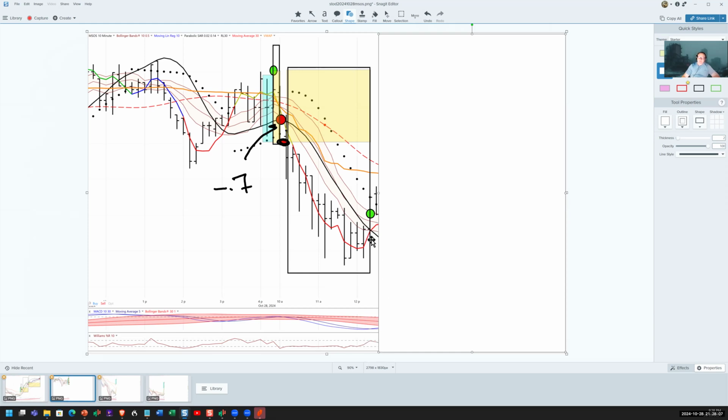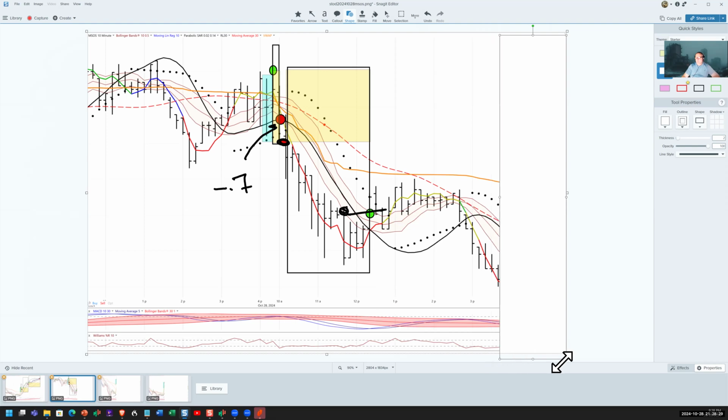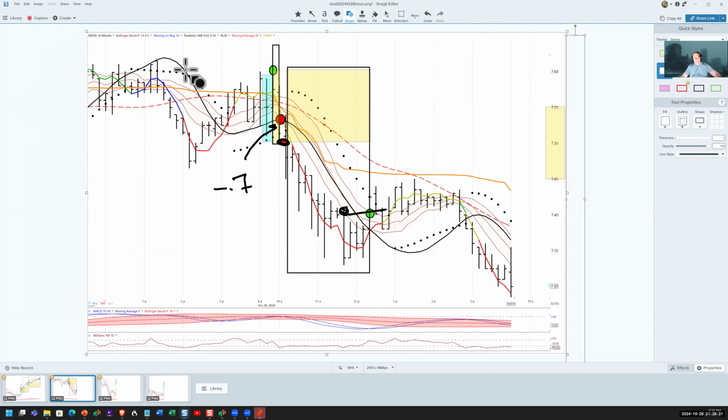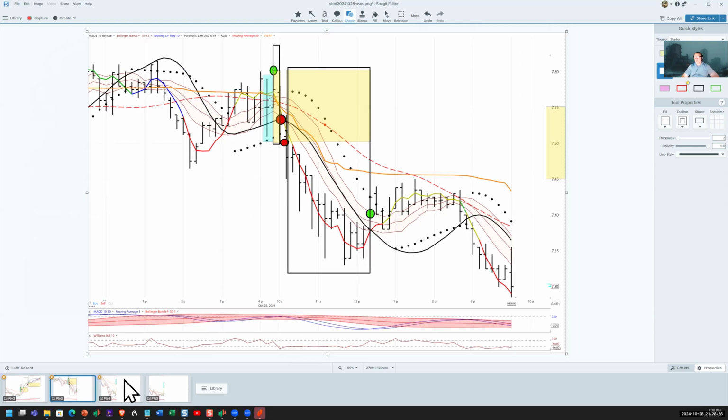I get out at the far side of the dragon. Would you be wrong getting out here? No, that's fine. It's the same exit, same price level. So that's about an R. Missed the short. So that nets out to maybe 0.3 for the day on that one.